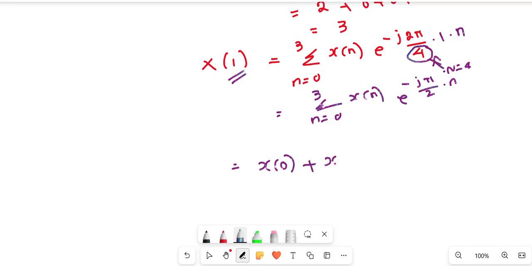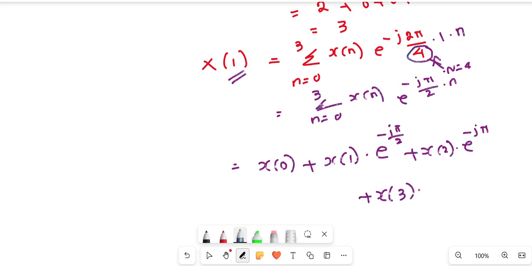The second term will be x of 1 into e power minus j pi by 2, since n is 1, plus the next term x of 2 into e power minus j pi, plus x of 3 into e power minus j 3 pi by 2.